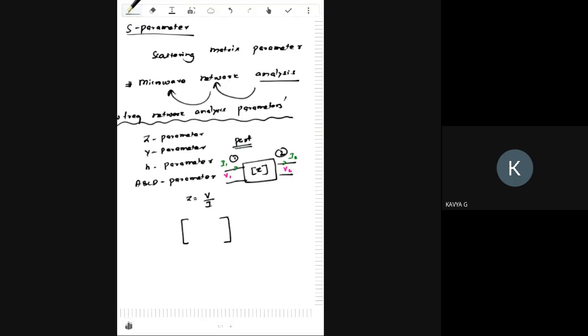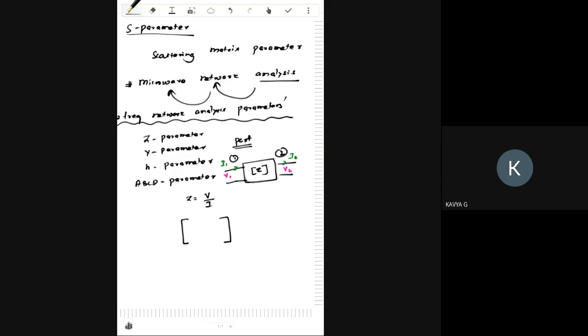If there are two pairs of terminals, or two ways to enter or exit the network, we call them ports. It's a general network; it's not only two ports, it can have three, 4, 5, 6 ports. Minimum we need at least two ports for analysis.